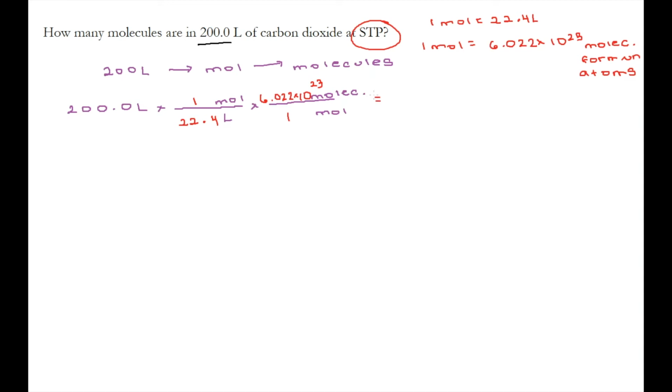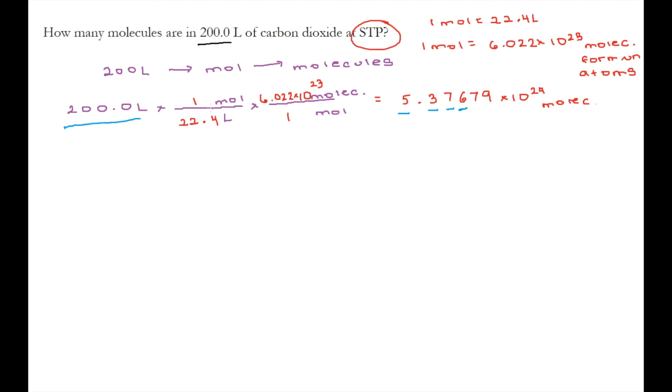In my calculator I'm going to take 200.0, divide by 22.4, and then multiply by 6.022 times 10 to the 23rd. And what I end up getting, unrounded, is 5.37679 times 10 to the 24th molecules. Now really quickly, my given has a total of 1, 2, 3, 4 significant figures, which means I want 1, 2, 3, 4 significant figures.